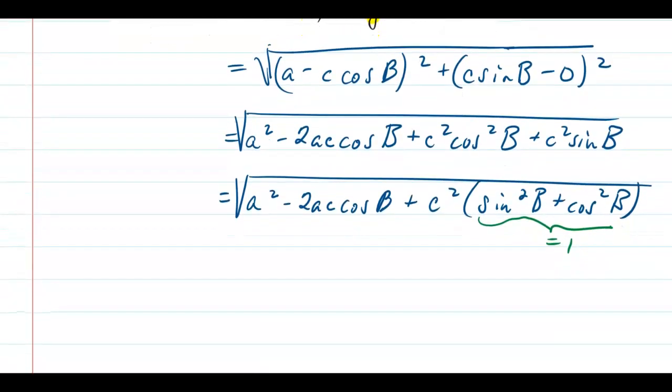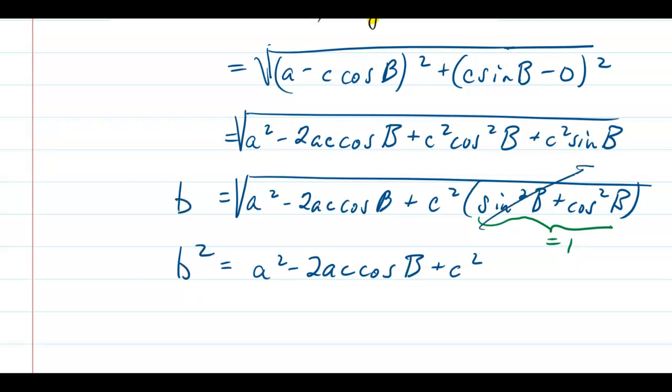So now we get to the point where we have this equal to a squared minus 2ac cosine of b plus c squared. This was equal to b, and if we square both sides, of course this goes to 1, we wind up with b squared equals a squared minus 2ac cosine of b plus c squared.